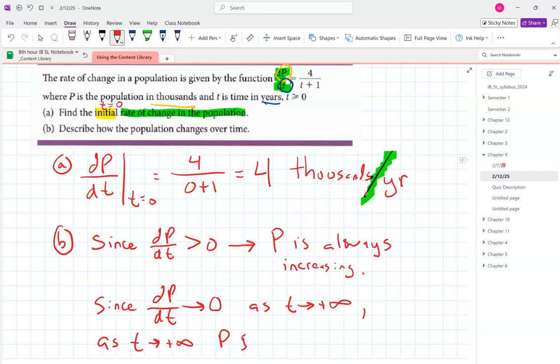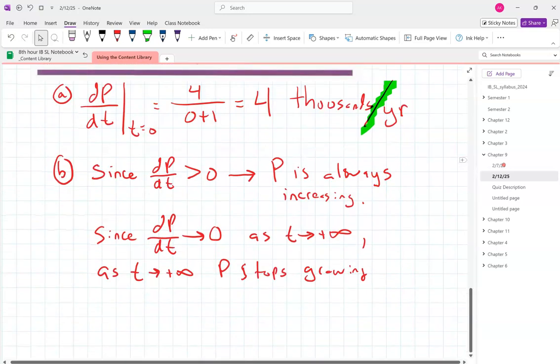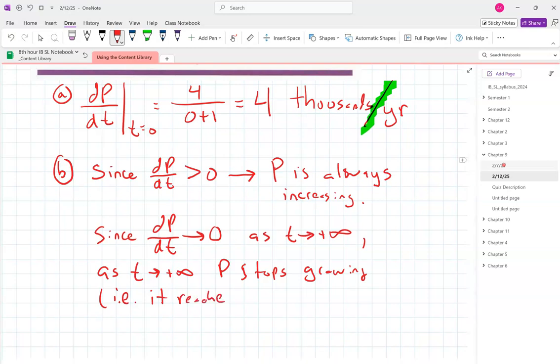Yes. So as t goes to infinity, the population stops growing, i.e., it reaches a carrying capacity. That's a great use of vocab. Well, that's why we said approaches.